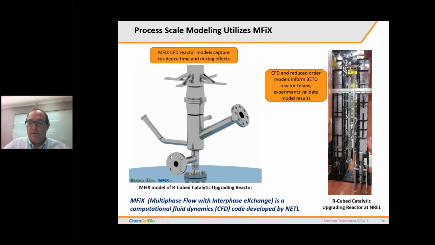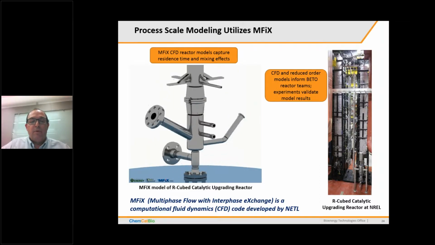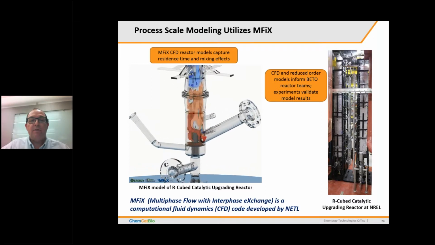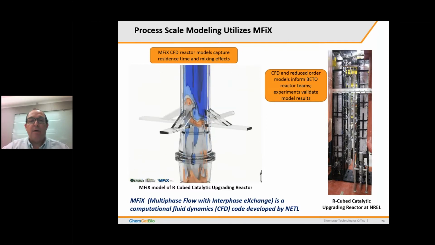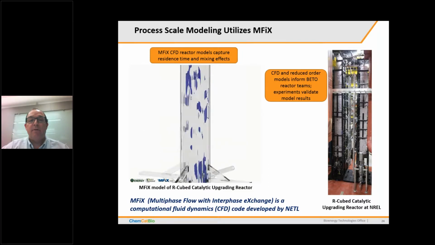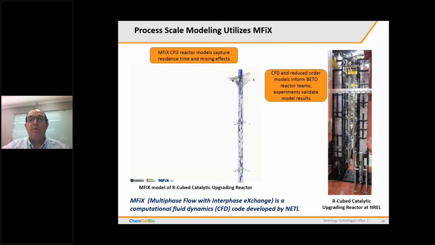And what you'll see here is a model on the left of a reactor called the R-Cube catalytic upgrading reactor. This is an entrained flow reactor where the catalyst particles enter the bottom and mix with pyrolysis vapors. And then as you go up the column, those catalysts help to convert those pyrolysis vapors into hydrocarbons that are more appropriate for feeding into our fuel infrastructure in the United States.